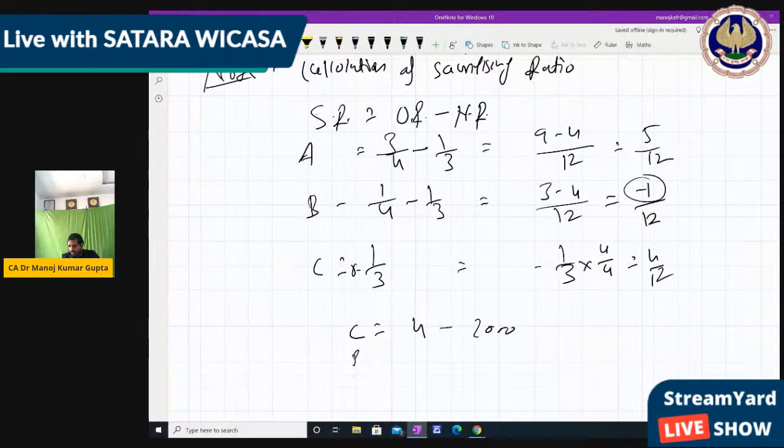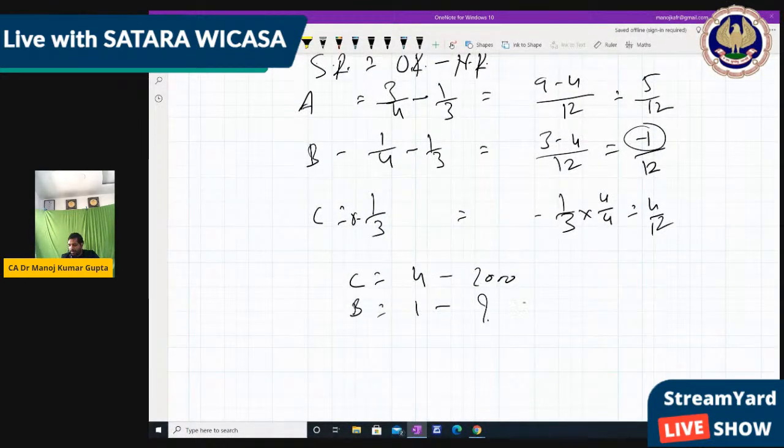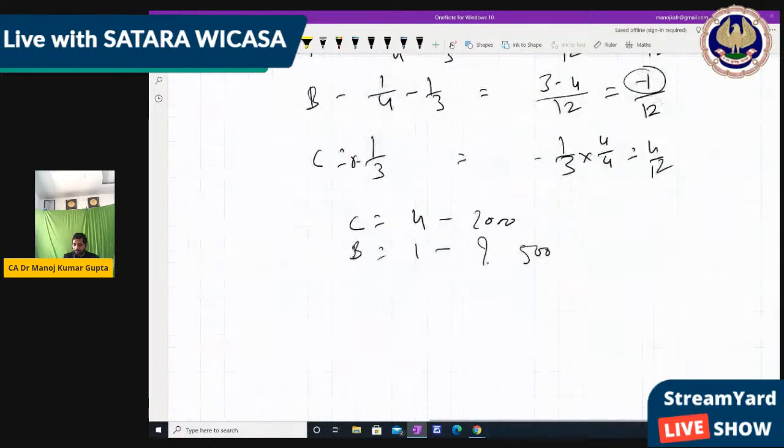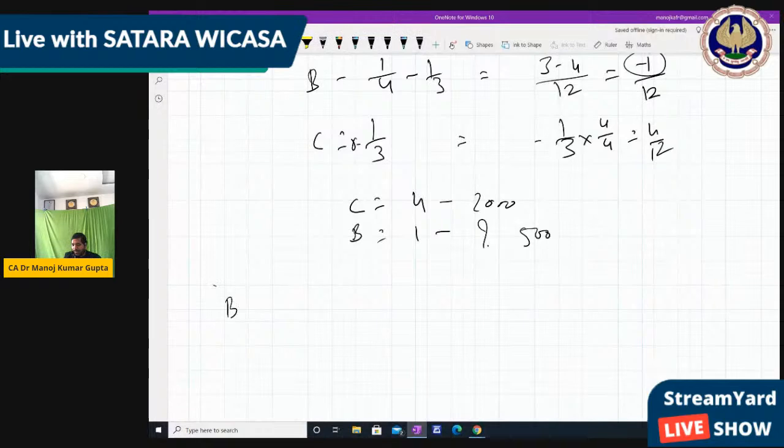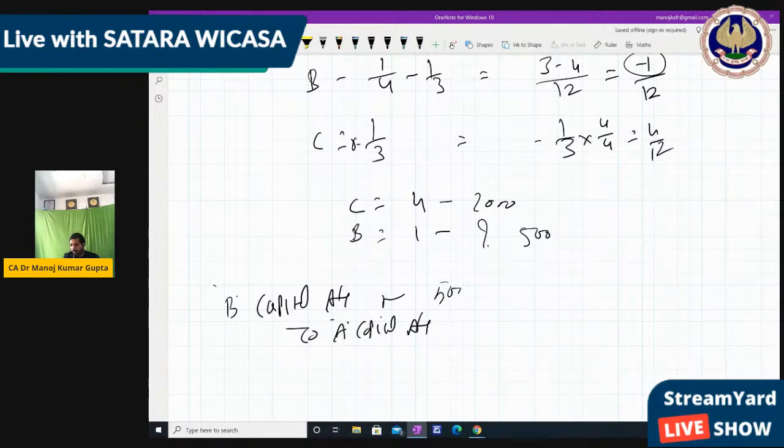Then how much for 1? Cross multiply: 2,000 into 1 divided by 4, that is 500, right? So we have to adjust 500. How can we adjust? We can debit B capital account to A capital account by 500, so that B, also a gaining partner, brings something too. Is it clear, all of you?